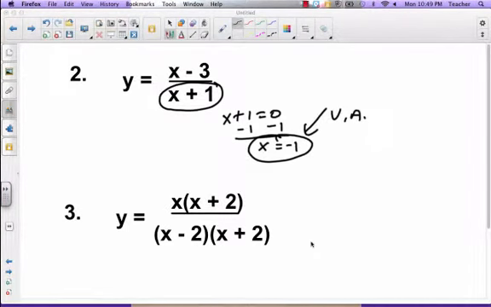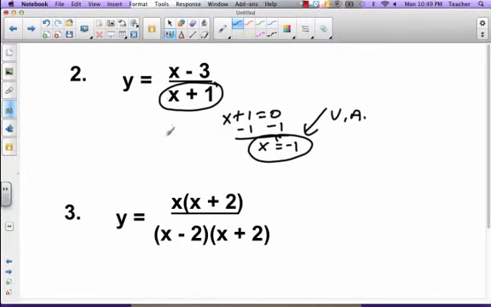On to number 3, we have in the numerator in this case here, x times the quantity of x plus 2 over the quantity of x minus 2 times x plus 2.